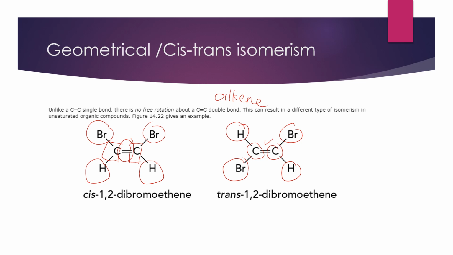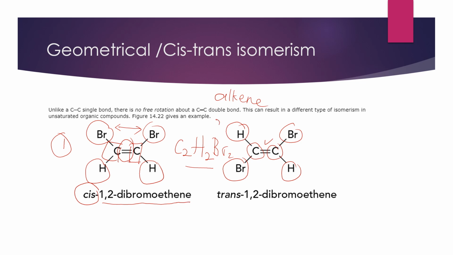The molecular formula of the 2 substances here is C2H2Br2. But the position of Br in the first substance here is side by side, so this one is cis-1,2-dibromoethene.